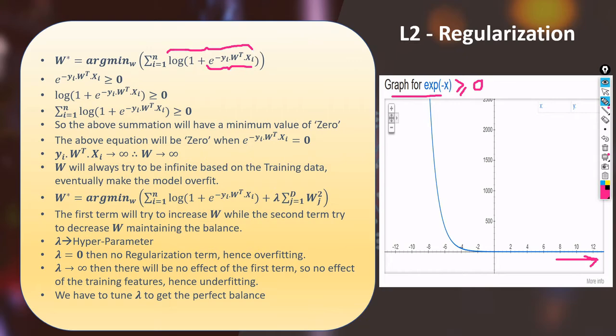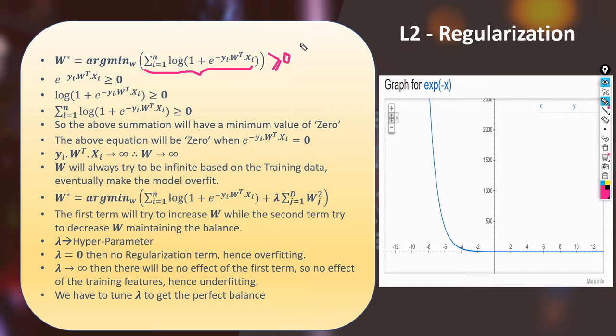We know that e to the power minus x is always greater than or equal to 0, so log of 1 plus e to the power minus x will always be greater than or equal to 0, because the minimum value for e to the power minus x is 0, and log of 1 is 0. So the whole summation value will always be greater than or equal to 0. We can conclude that.